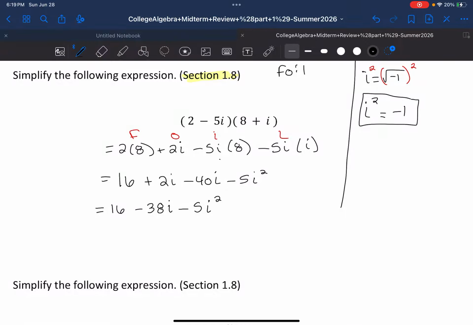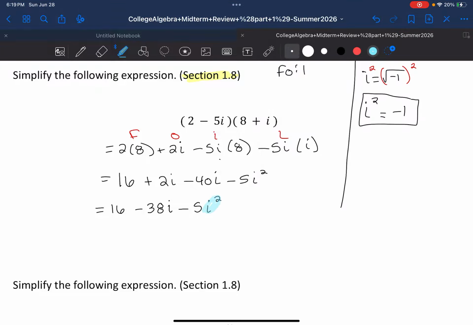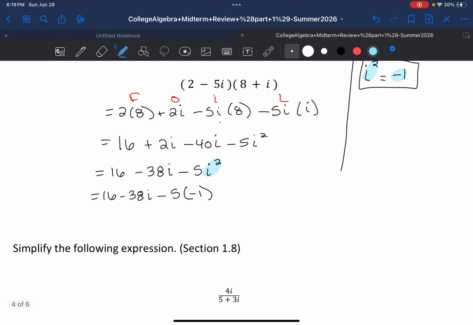Anytime you see i squared in a problem, you need to replace that with negative 1, because that's what i squared is equal to. So this becomes 16 minus 38i minus 5 times negative 1 instead of i squared.